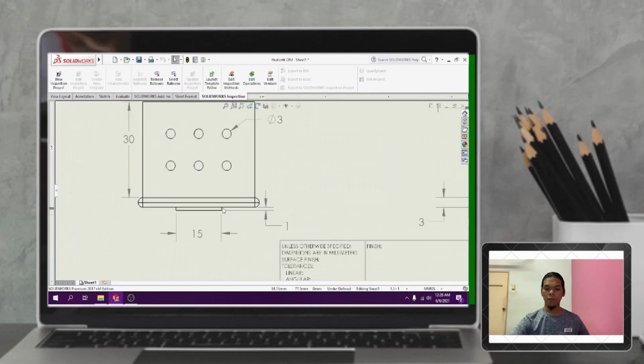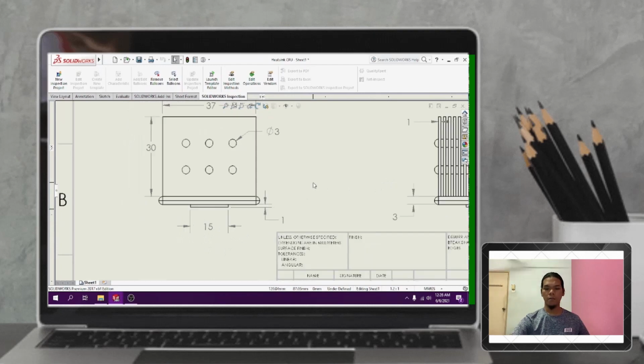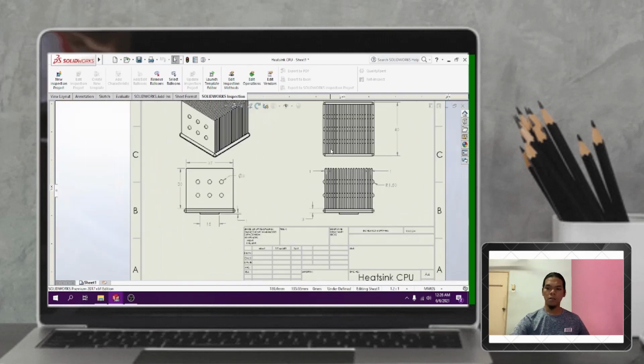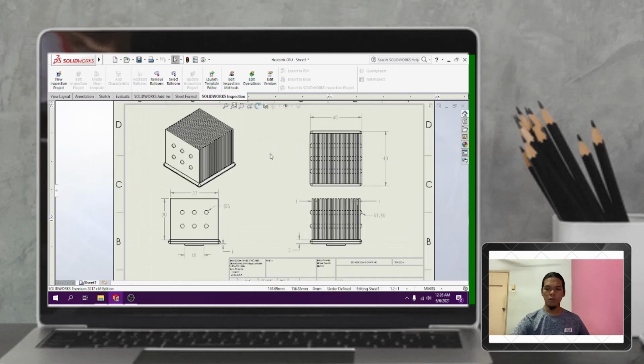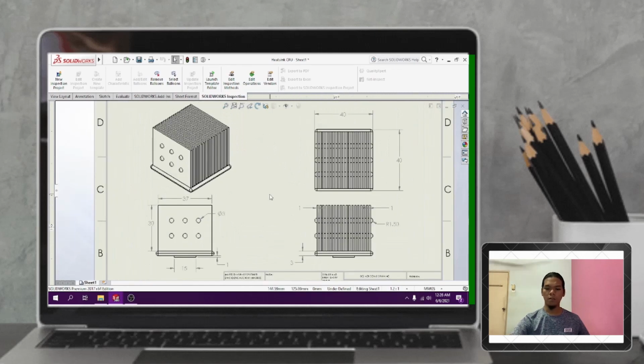The height of the heat power base is 1 mm and the length and width for the heat power base is 50 square. This is the dimension that I use in simulation.